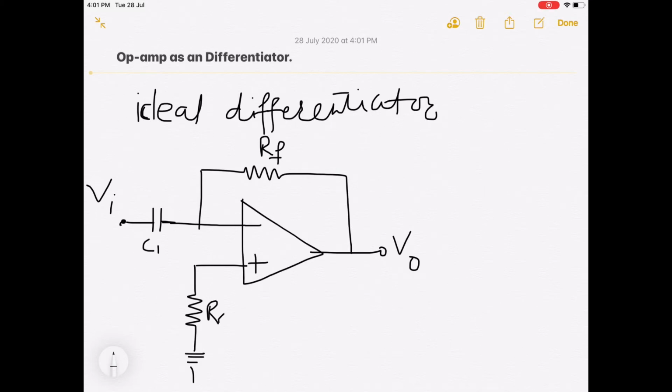The R compensation resistor is used for compensating the bias currents, and its value is exactly equal to Rf. The current flowing through the capacitor is IC, through this place is IB, and the feedback current is IF.